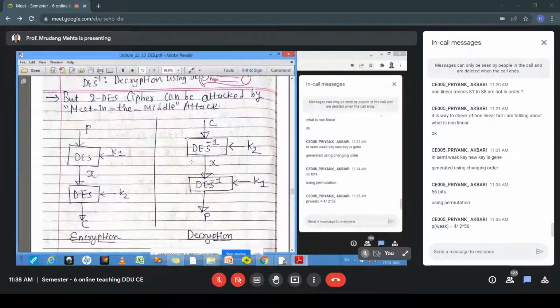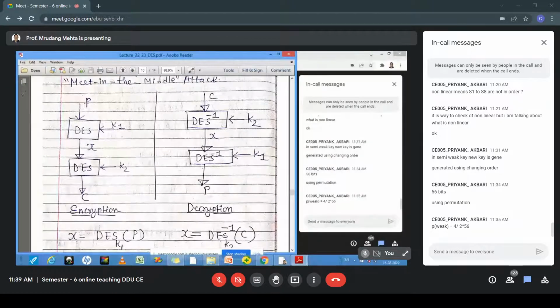Now this 2DES can be attacked by the meet in the middle attack. What is the meet in the middle attack? If you observe this plaintext, DES with K1 generates some X, and that X goes through DES with K2 and generates the ciphertext. Now, for the ciphertext, it applies DES inverse with K2 first and generates X. Then it applies DES inverse again with the K1 key and generates the plaintext.